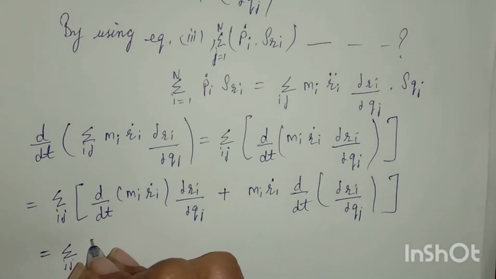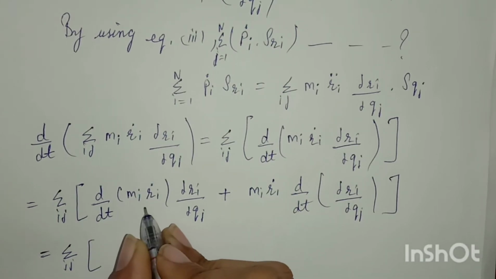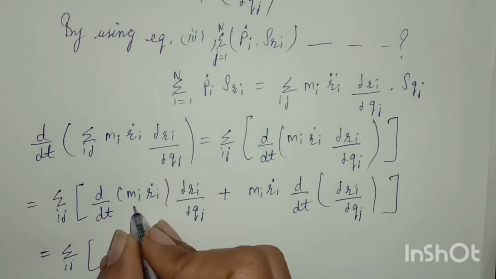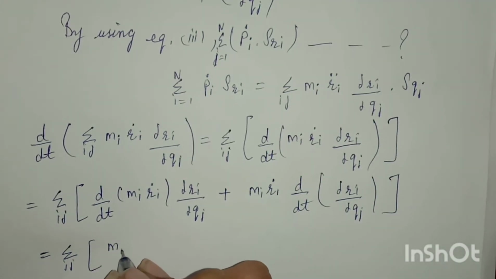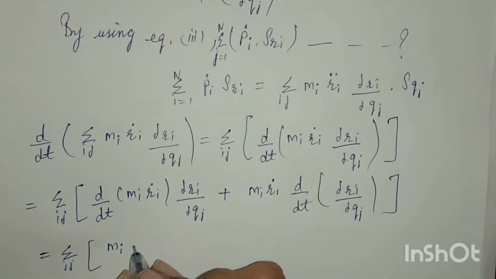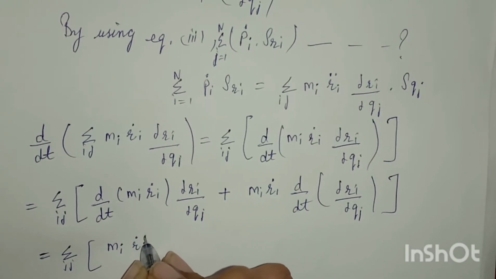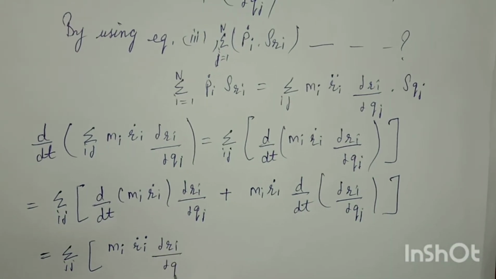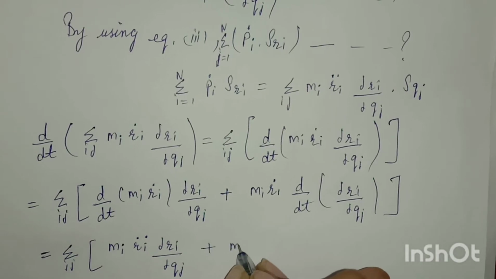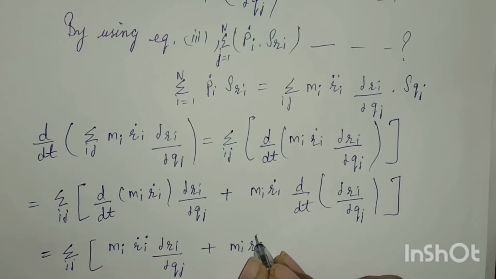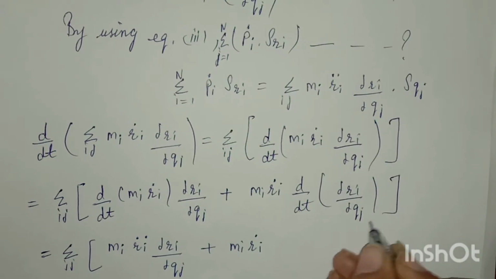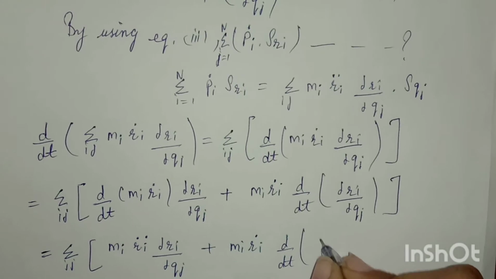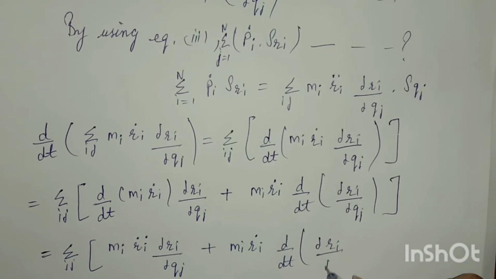So we can write summation ij d upon dt of mi Ri dot. mi is our constant, so we can take it out, and Ri dot will become Ri double dot, times ∂Ri upon ∂Qj, plus mi Ri dot times the differentiation of this function, which we write as d upon dt ∂Ri upon ∂Qj.